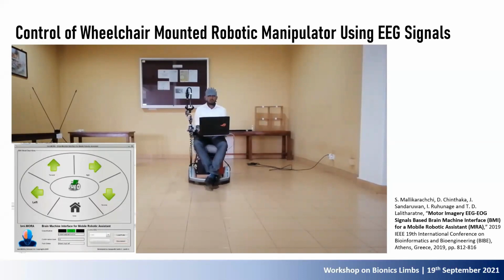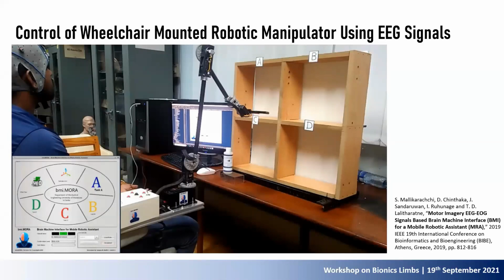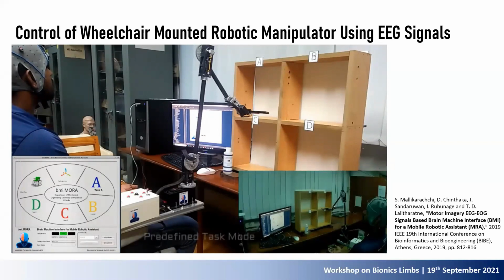As you can see, it was not that fast. We couldn't make it a really high speed because, of course, it takes time to classify these signals.